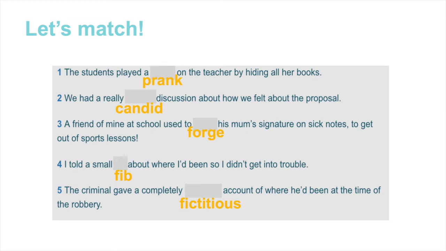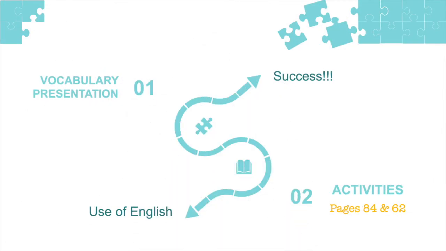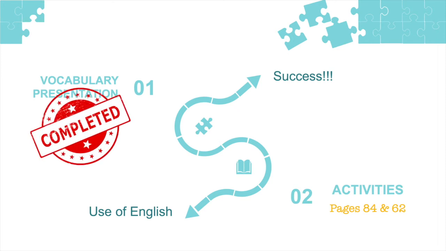All right, so that's all as regards the presentation of this vocabulary. So, vocabulary presentation has been completed. That's step 1. And now we're going to move on to step 2, which is the different activities from pages 84 and 62.